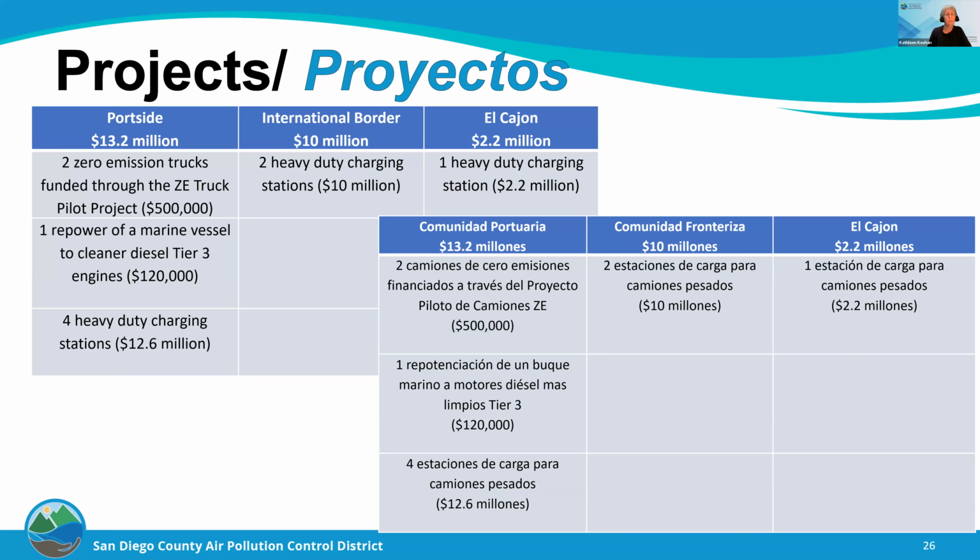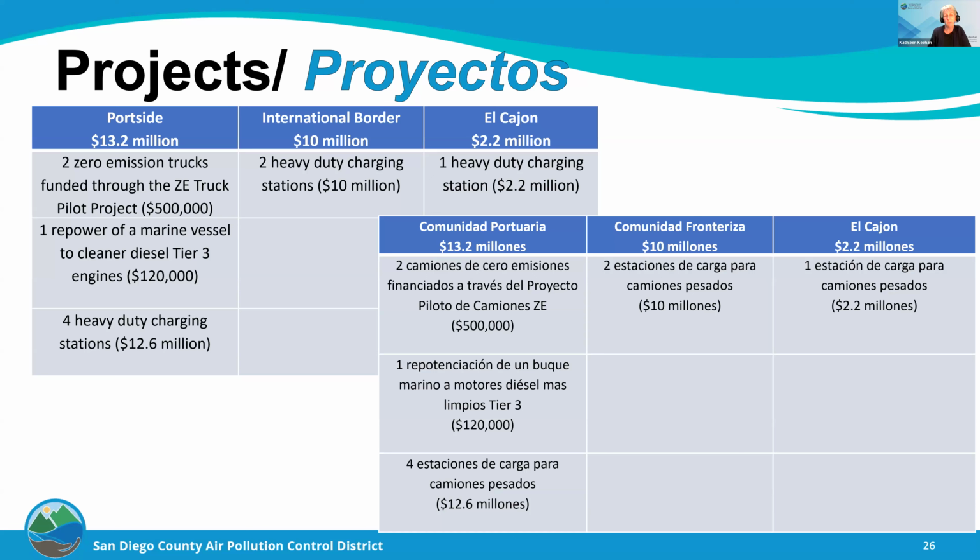So when we looked at the applications that were eligible for AB 617 funding, we really tried to focus on those projects that were either zero emission equipment or that infrastructure, those charging stations to allow people to use that zero emission equipment. And so what we're bringing to you tonight are recommendations to fund the projects that you see on this slide.